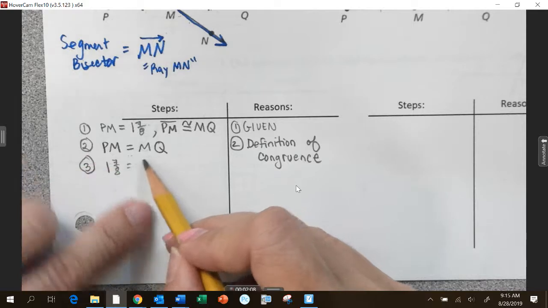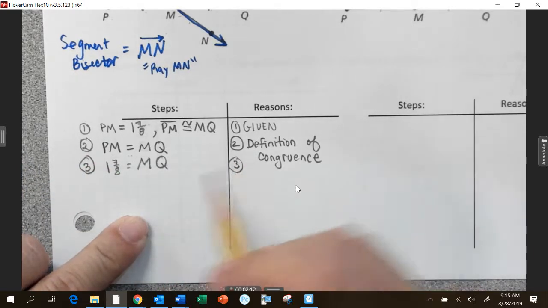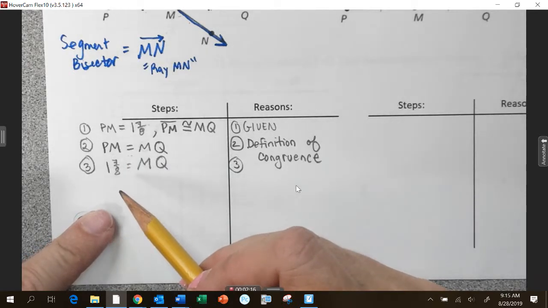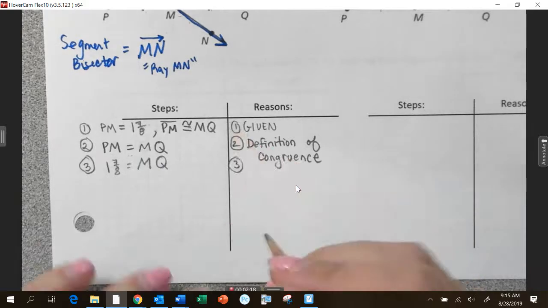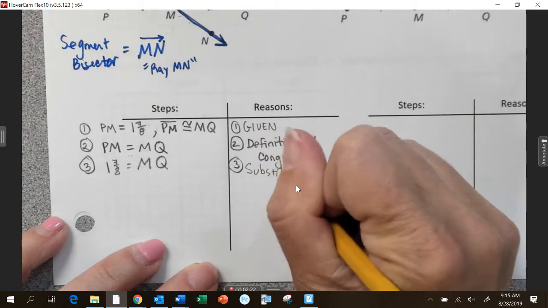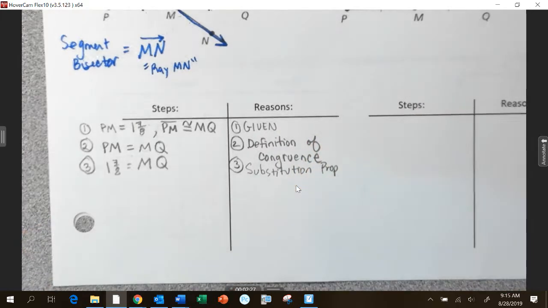I brought down my equal sign and I brought down my MQ. Why am I allowed to take out PM and replace it with 1 7/8? Substitution. It's your property. So that's the substitution property that allows me to switch those out.